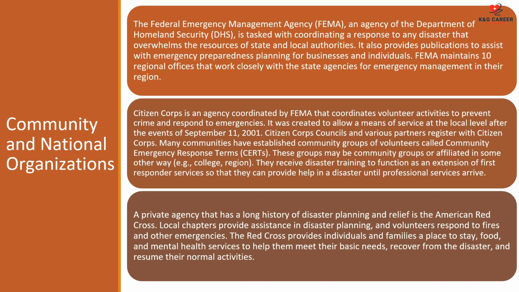A private agency that has a long history of disaster planning and relief is the American Red Cross. Local chapters provide assistance in disaster planning, and volunteers respond to fires and other emergencies. The Red Cross provides individuals and families a place to stay, food, and mental health services to help them meet their basic needs, recover from the disaster, and resume their normal activities.